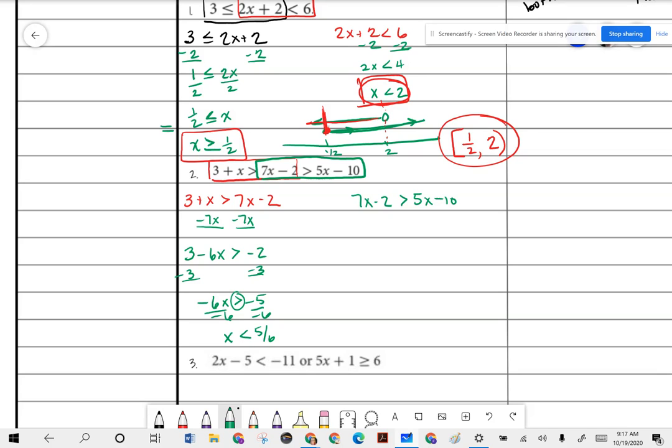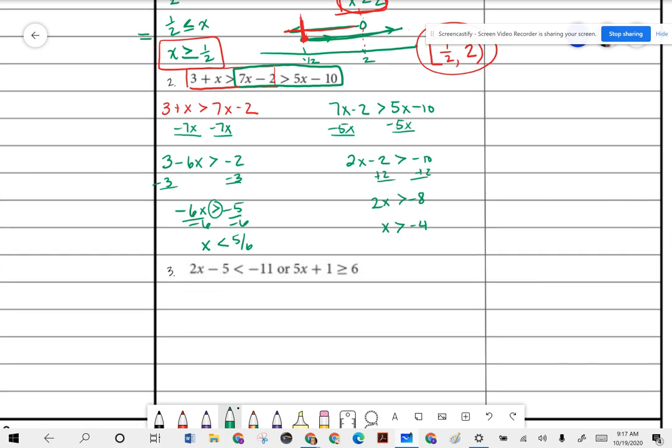Now let's take a look at this one here. Subtract 5x. We've got 2x minus 2 is greater than negative 10. Add 2. 2x is greater than negative 8. So x is greater than negative 4. Okay, so let's take a look at what that looks like on our number line.